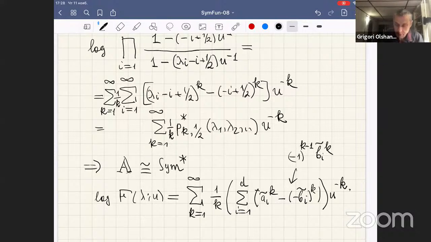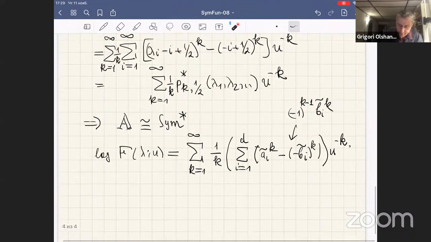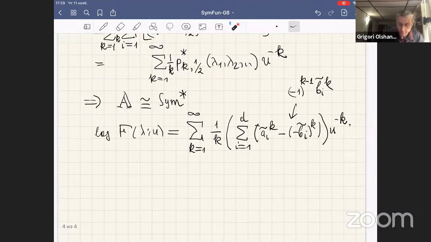but sometimes it is more convenient to realize it with a plus-minus sign as follows. So now we see that the conclusion is as follows.